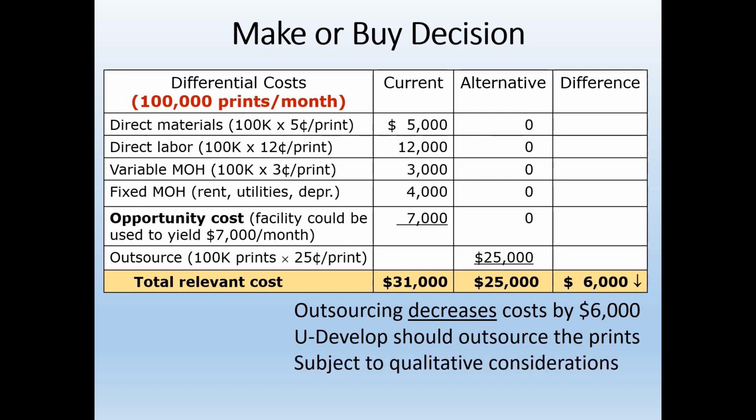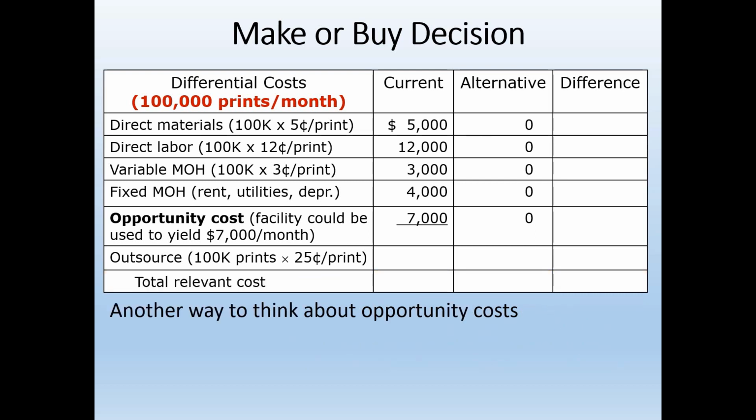Subject to qualitative considerations. Here's another way to think about that $7,000 opportunity cost. Rather than considering it an additional cost of making the prints, we could consider it a reduction in the cost of buying the prints.